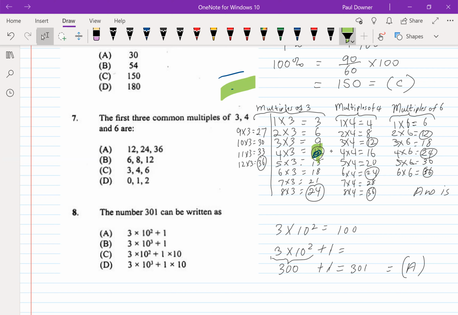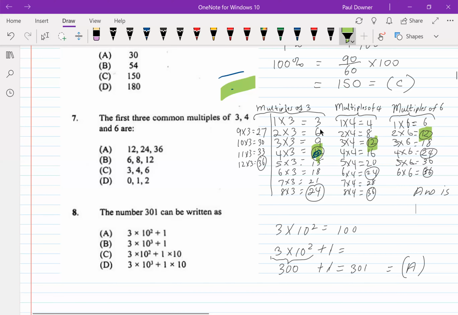Then 3 times 4 is 12. And then 2 times 6 is 12. So if you notice, going downwards, the first multiple that is common to all of them, first meaning the lowest number, 12 is that number that is common to all of them.